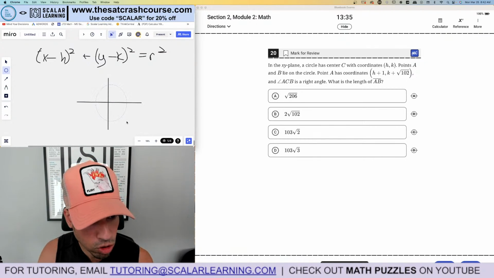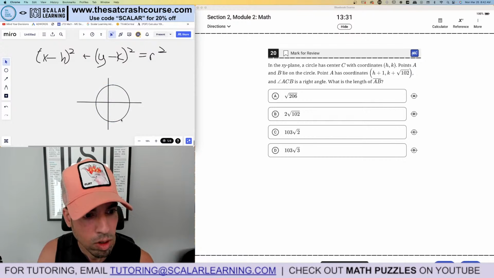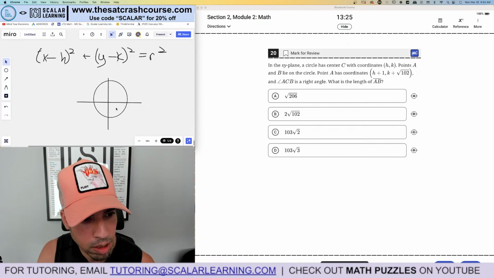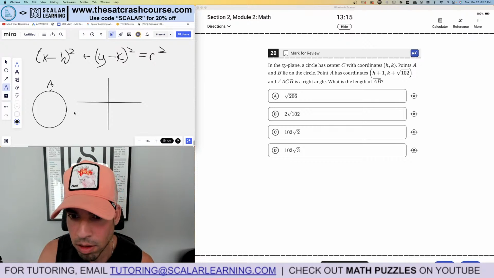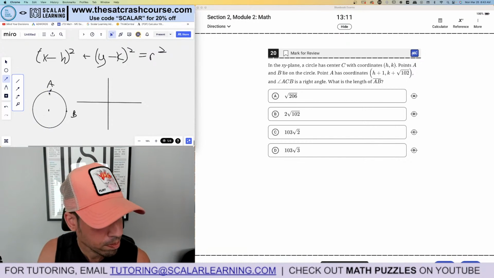So we got a circle, points A and B. Point A has coordinates h plus 1 and angle ACB. Hold on, let's not even do it on the coordinate graph. So here it's circle C, right? Angle ACB is a right angle, so it's going through the center.